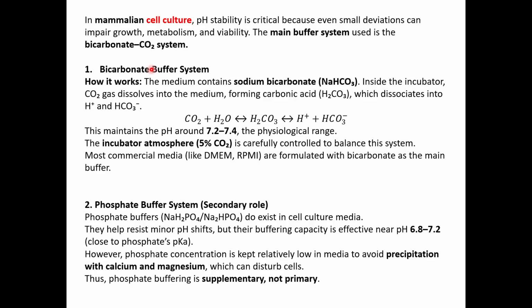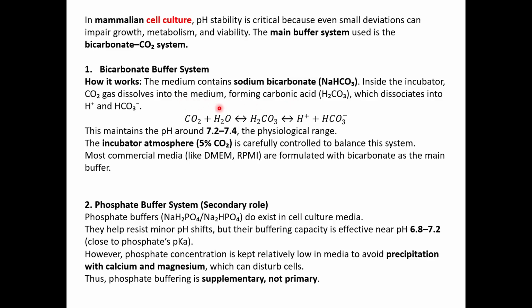So how it works is the bicarbonate buffer system. The medium contains the cell culture medium in which you grow the cells. It contains sodium bicarbonate. And inside the incubator, there is constant supply of CO2 gas, which will then dissolve into the medium.